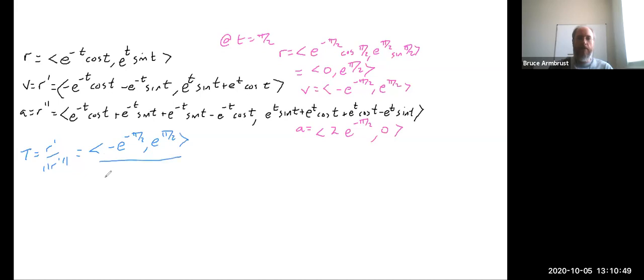Well, its magnitude is going to be the square root of e to the minus pi plus e to the pi. So that was this thing squared and that thing squared. So there's the answer to part 1, I think, because we want the T, right?